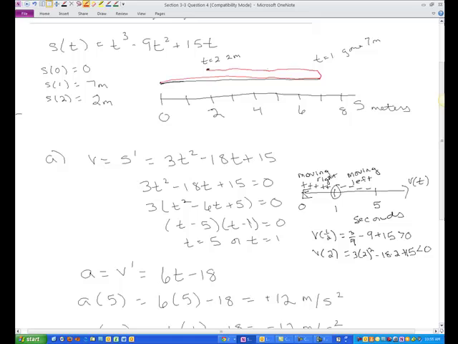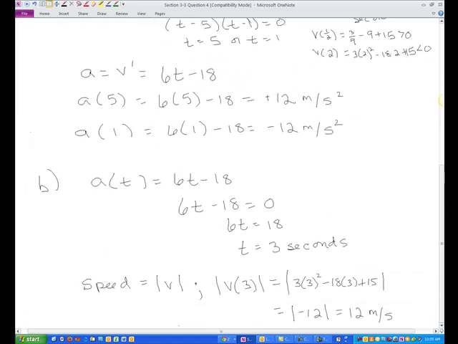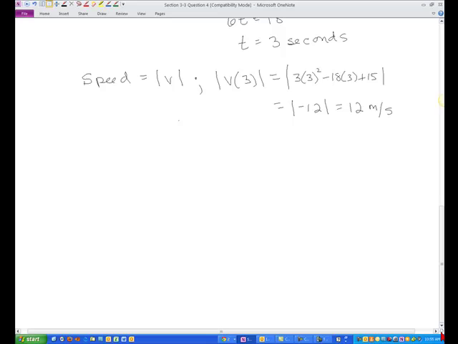So the question on part C is, what is the total distance traveled? Well, you went 7 meters to the right, and then you came back around and went 5 meters to the left. So your total distance traveled is 7 plus 5, or 12 meters. So that's how you can visually think of that.